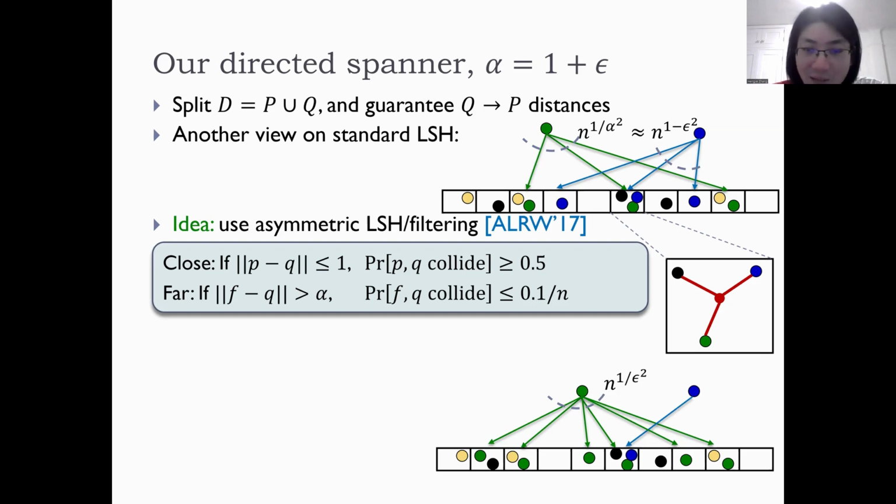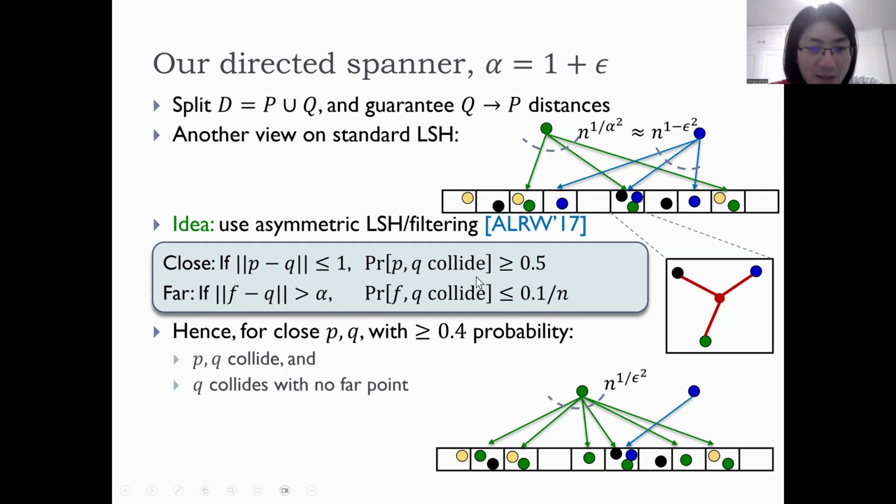Meanwhile, because we do so much effort in the pre-processing phase, in the query phase the query point only needs to query one bucket. We can guarantee that in this one bucket, there is 0.5 probability that a close pair P and Q will collide. On the other hand, for any far point from Q, the probability they collide is at most 0.1 over n.